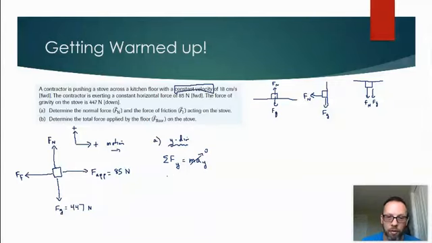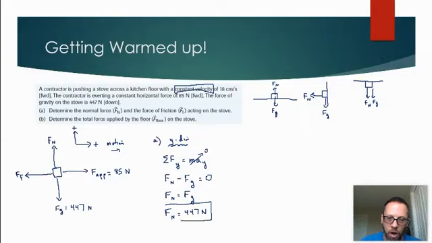I chose up to be positive. So the normal force, and then I'll subtract gravity because it's going down. I take care of that with the sign convention, negative, equals 0. And so the normal force in this case equals the force of gravity, which makes a lot of sense. So the normal force in our problem perfectly matches gravity, 447 newtons.